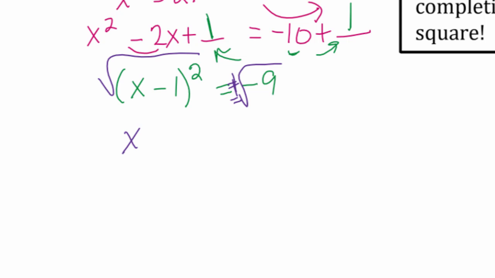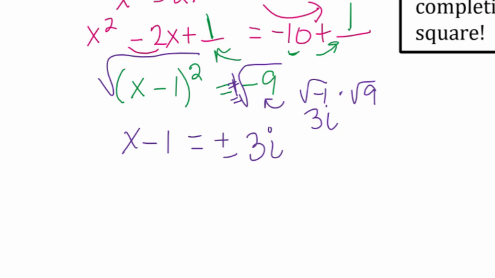This is x minus 1 equals plus or minus, okay. We have to take out an i, don't we? Square root of negative 1 times square root of 9. This is i. This is 3i, plus or minus 3i. And now we get x equals 1 plus 3i, or x equals 1 minus 3i.